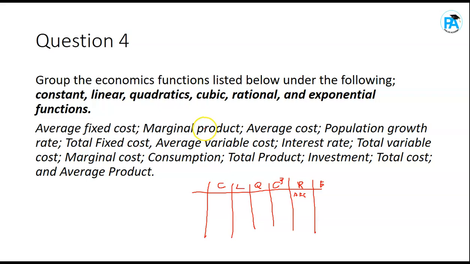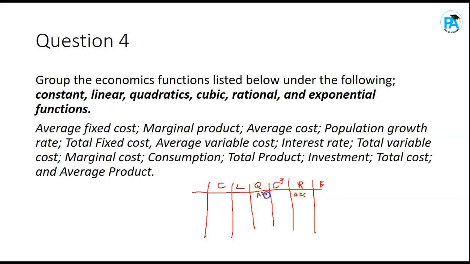Next, marginal product, MP. Marginal product looks like an N shape or U shape. Whenever you have a curve with an N shape or U shape, it is quadratic. So MP is a quadratic function.